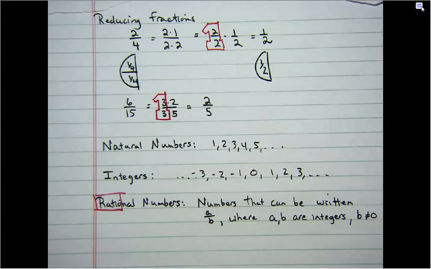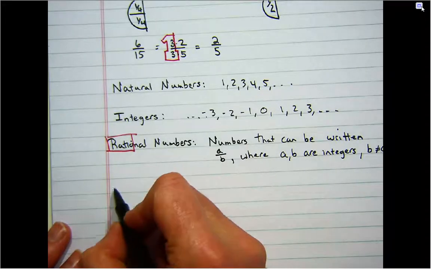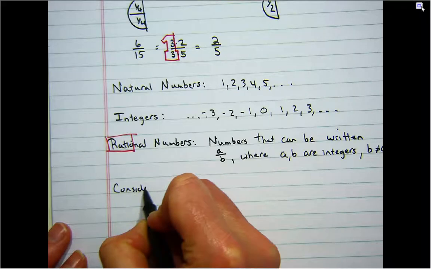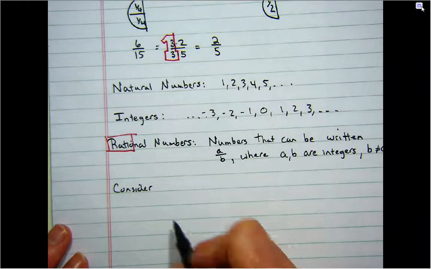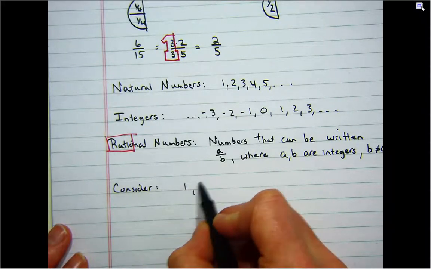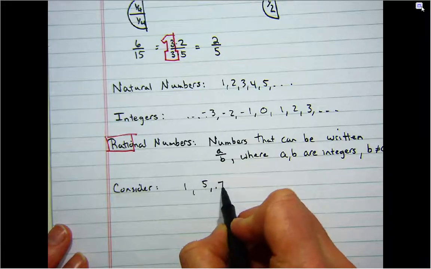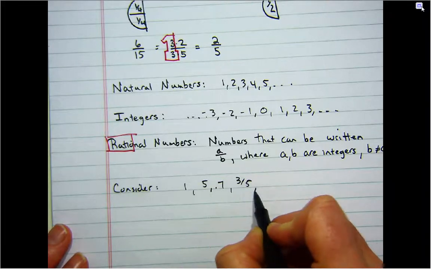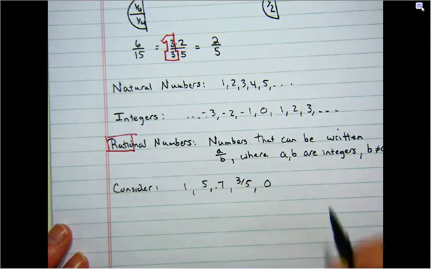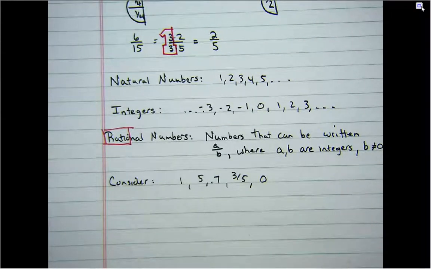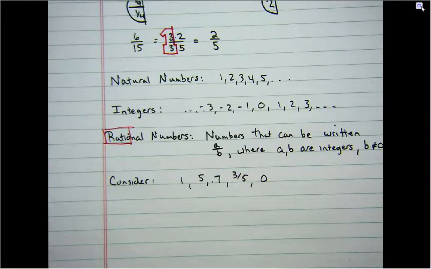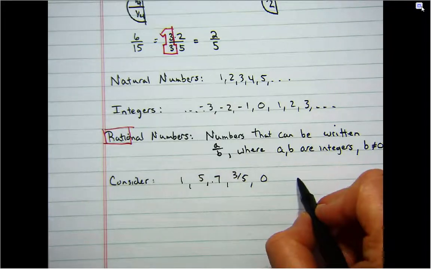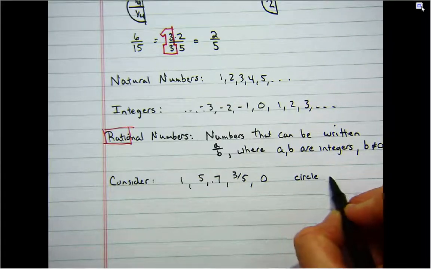Okay, so I'm going to give you some numbers, and I'm going to ask you to circle some of them. So we have 1, 5, 0.7, 3/5, and 0. I'd like you to circle all the rational numbers.